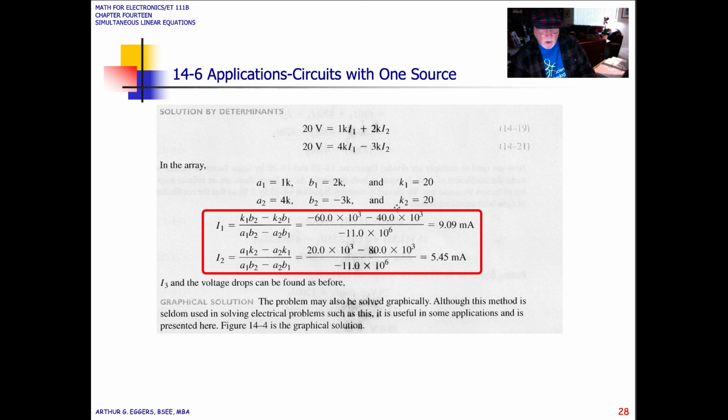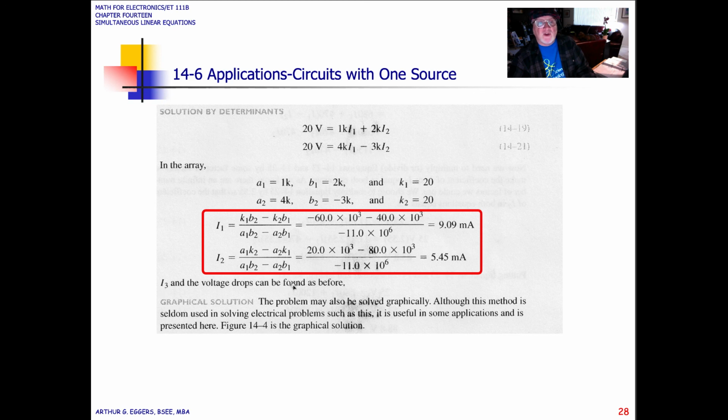Be aware they've skipped a step or two here where they multiplied these terms together, and then we set up our determinant in the denominator, and we have 9.09 milliamps as I1 and 5.45 milliamps as I2, just like we solved in the previous step with the substitutions for I2.